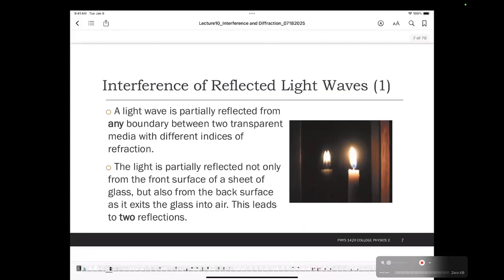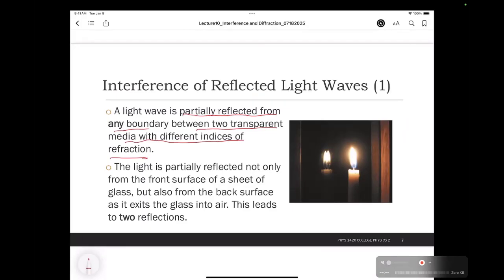A light wave is partially reflected from any boundary between two transparent media with different indices of refraction. This is a feature of light waves.